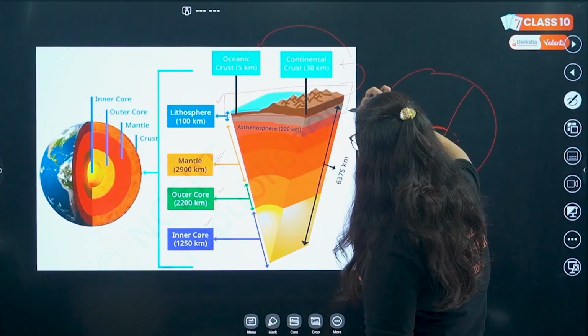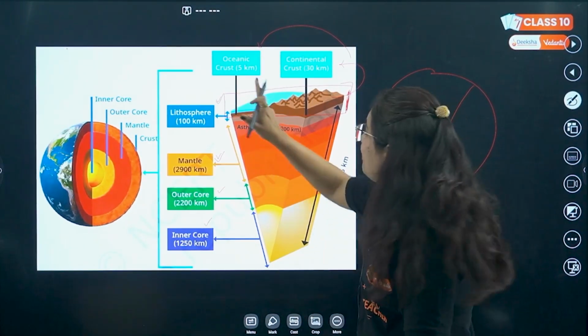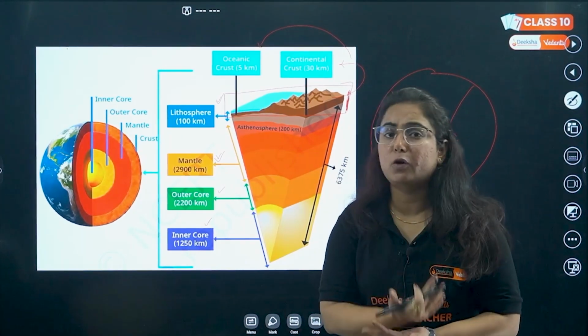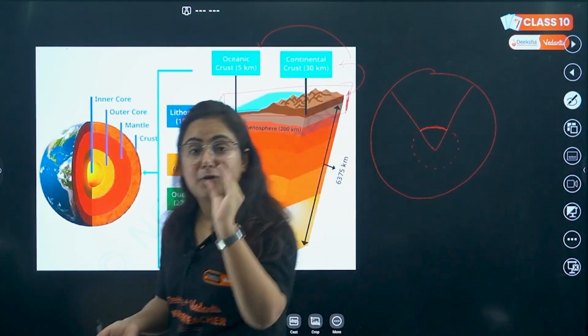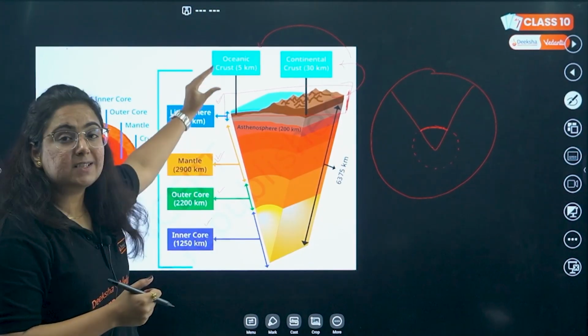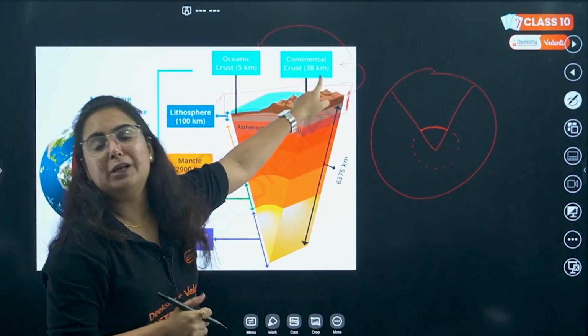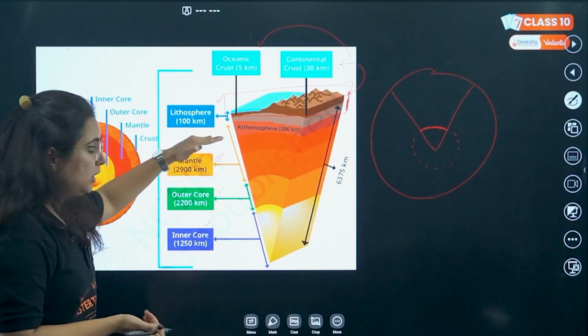The thickness of the continental crust is more in comparison to the oceanic crust, for obvious reasons. The crust thickness lies from around 5 km to 30 km. Less whenever it is oceanic crust, more whenever it is continental crust. Then let's go below it.